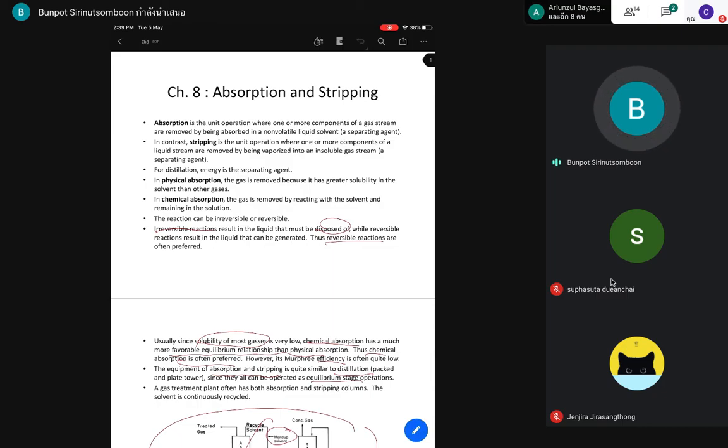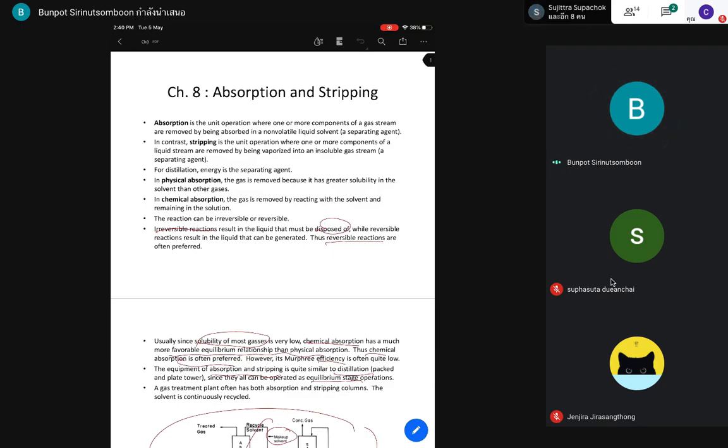In absorption, you want the solute to transfer from gas to the liquid. In stripping, you want the solute to transfer from liquid to the gas.